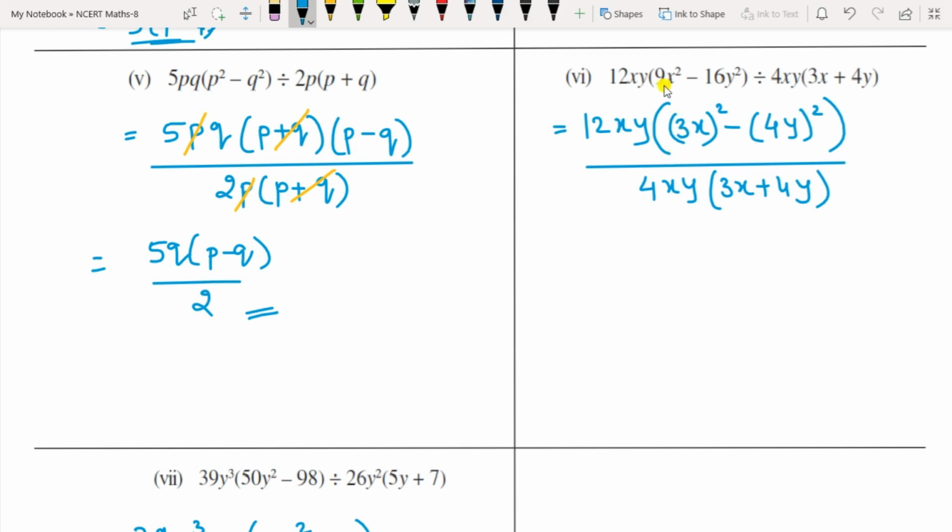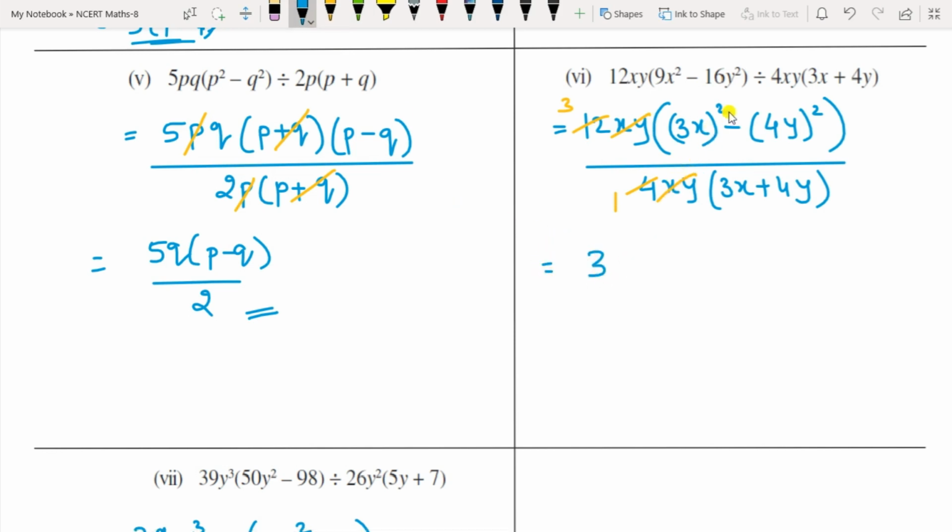Here it is 9x square minus 16y square, that will be 3x square minus 4y square. And this one will get cancelled. First do this one. xy will get cancelled, and 4 1s are 4, 3s are 3.